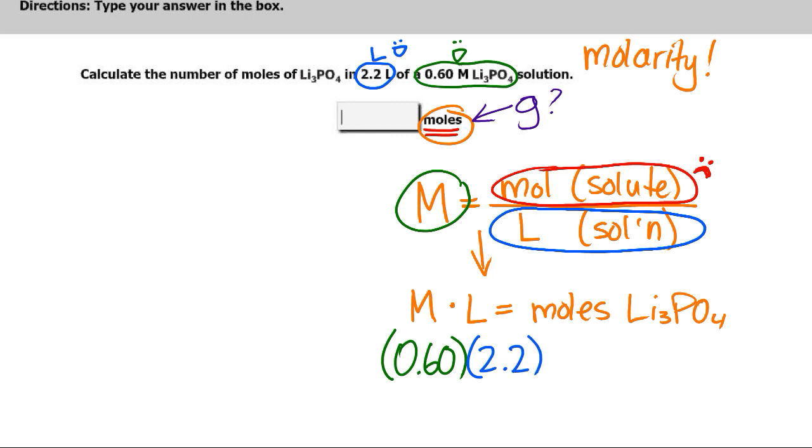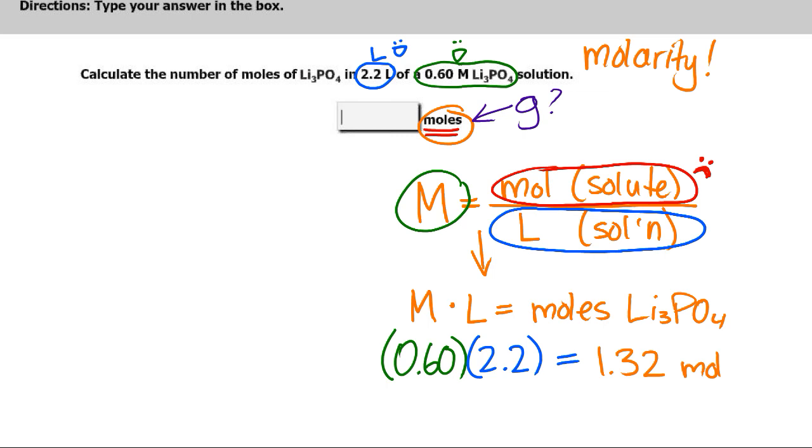And I'm going to get my calculator out. I'm going to do 0.6 times 2.2. I got 1.32. And that would be moles. And I'm going to double check my calculation, and it says 0.6 times 2.2.